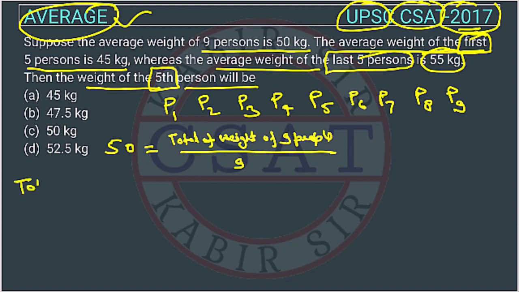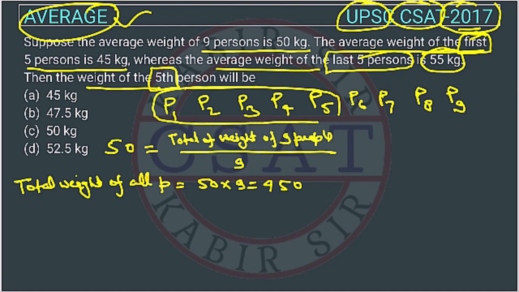So what is the total weight? Total weight of all people means P1 plus P2 plus P3 plus P4 and so on, right? So this will be equal to 50 into 9, which is equal to 450, right? Now they have given the average weight of the first 5. So the average weight of these 5 is 45.